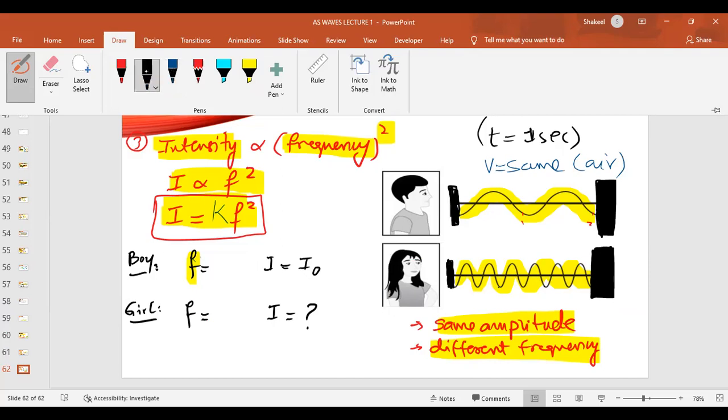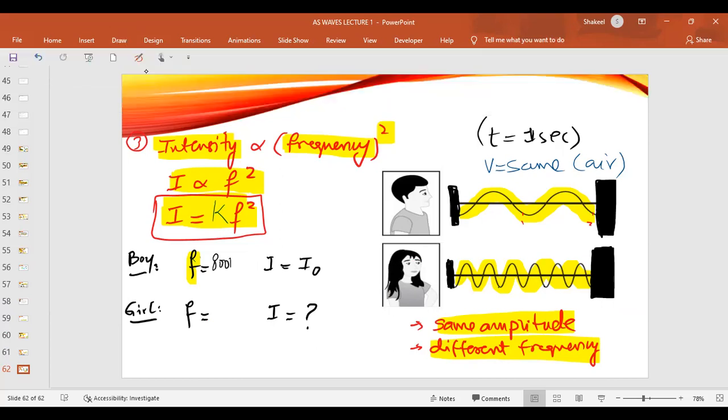Okay, so let's say the boy's frequency is 800 hertz and intensity was I naught. If the girl's frequency is 2100 hertz, how much will be the girl's intensity in terms of I naught? So you can see that I is proportional to F square.